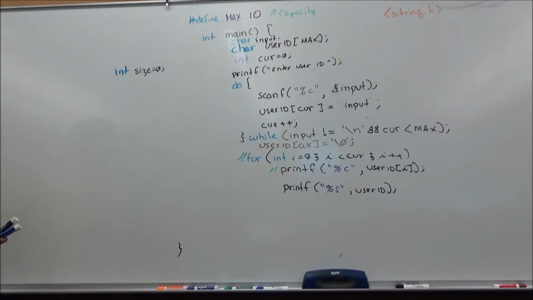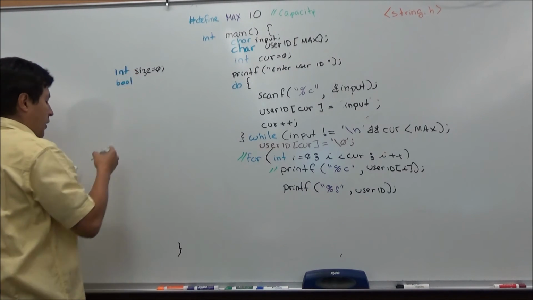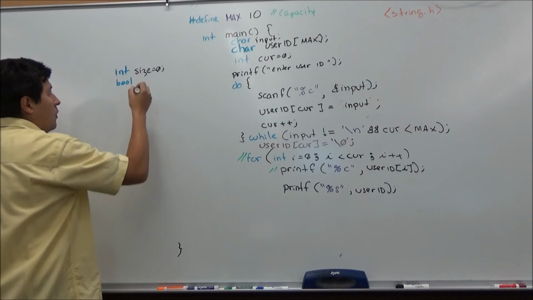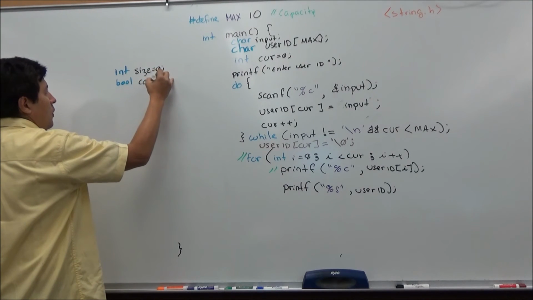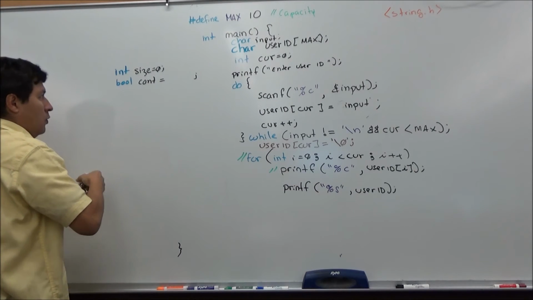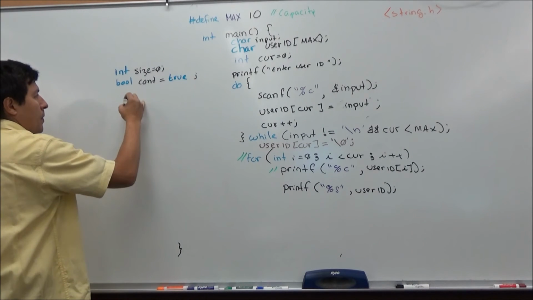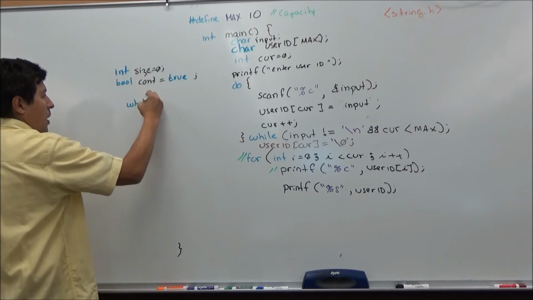And I'm gonna create another variable here. Continue. I'll initialize this to true maybe. And I'm gonna make a while loop.